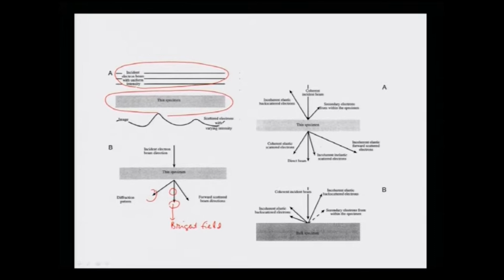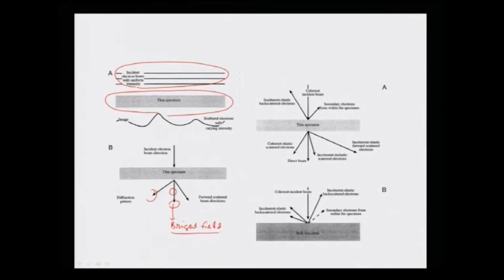So, we can block all the other radiations except this transmitted electron beam. The image formed by this is called a bright field image, because this image will have bright contrast. That is why it is called a bright field image.